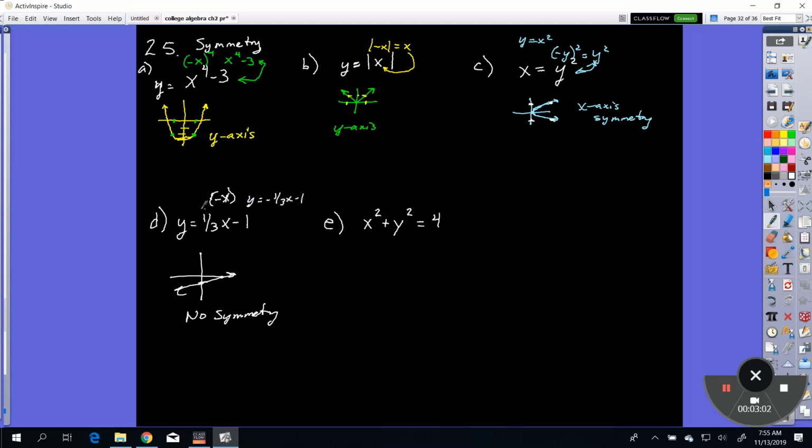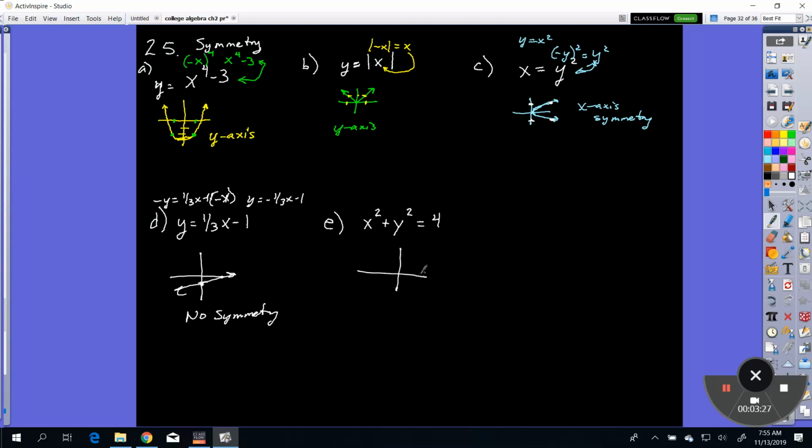That's not exactly the same. And if I replace y with negative y, I don't get the same thing either. So that's not x or y axis symmetry. So the easiest way is to look at the picture.